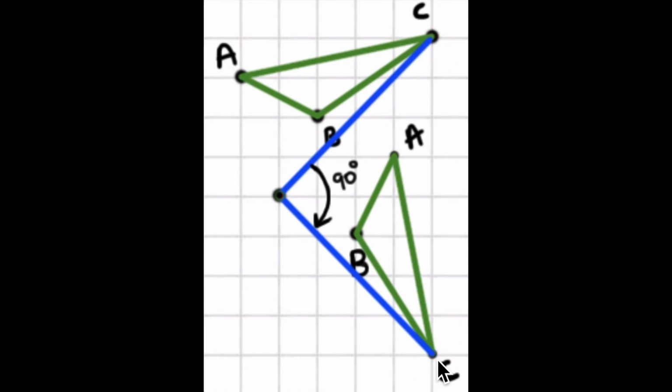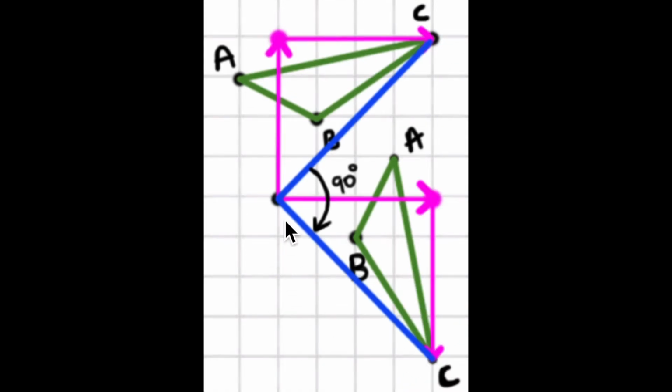Again, using the same counting strategy, I count vertically 1, 2, 3, 4, and then horizontally 1, 2, 3, 4, and I end up at C. Then I rotate this arrow 90 degrees and count horizontally 1, 2, 3, 4, and vertically down 1, 2, 3, 4. And so you end up at C prime, and that confirms it's a 90-degree rotation.